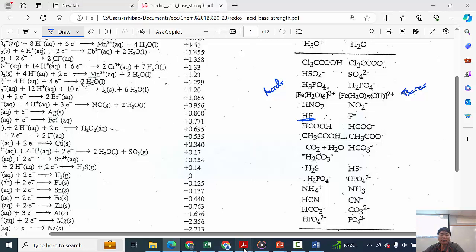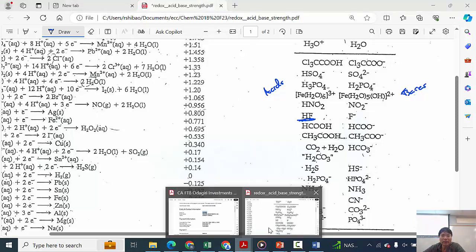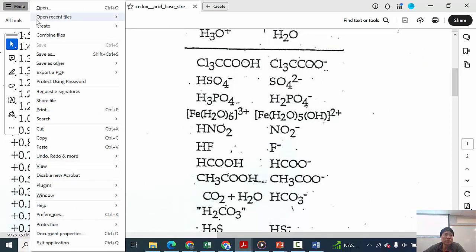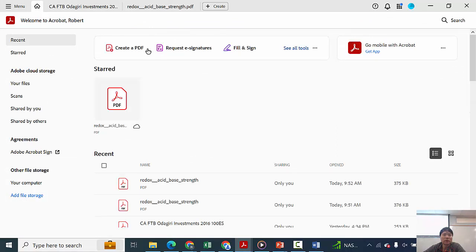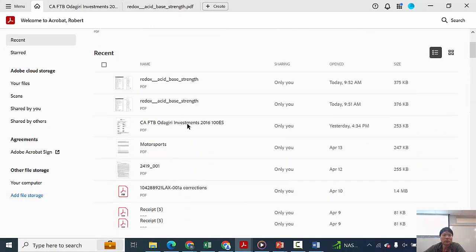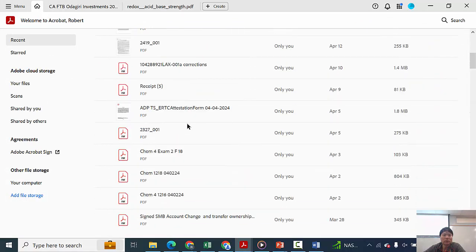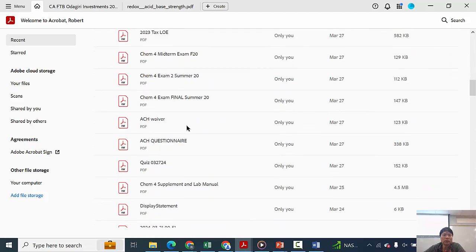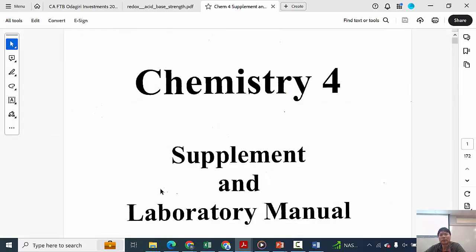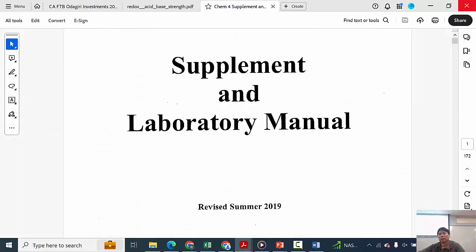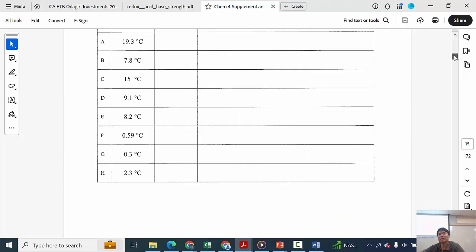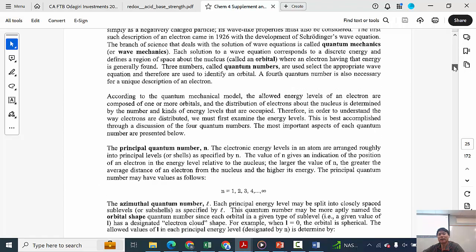I don't know what happened to my manual, let me look for it. I could show it to you. It would be under the supplement section, acids and bases.